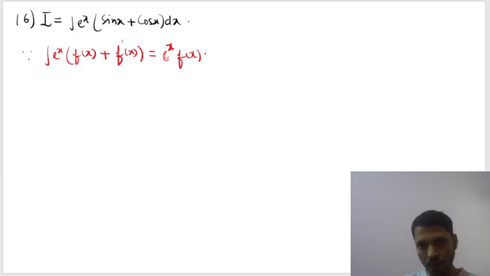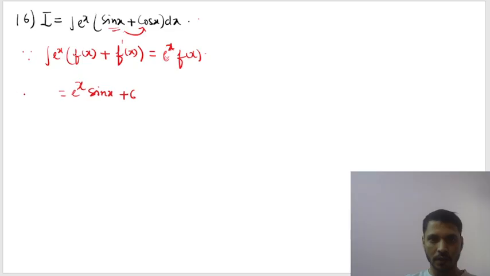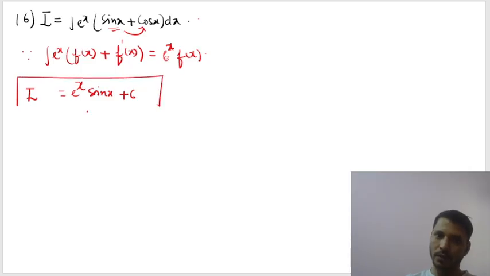This is our answer. So if you observe, this is f of x, and its differentiation is present here, f dash of x is present here, cos x. So the answer for these questions we can directly write as e to the power x into sin x, e to the power x sin x, and this is the value of I.